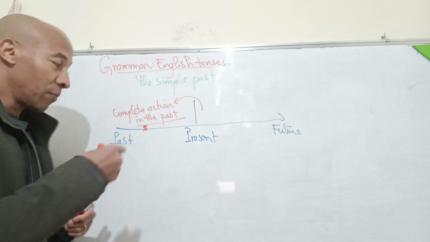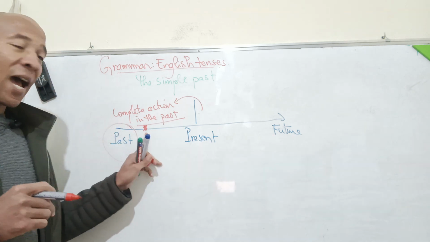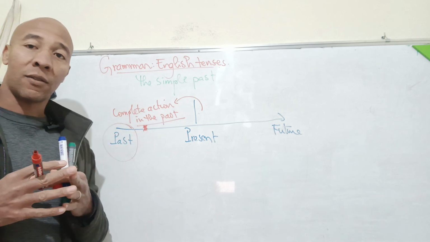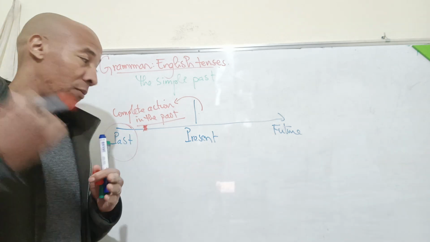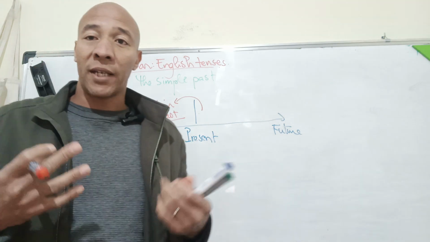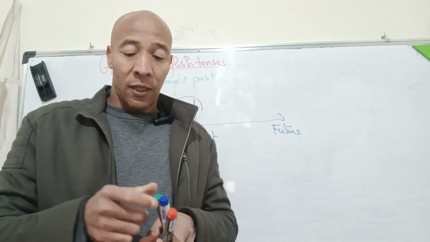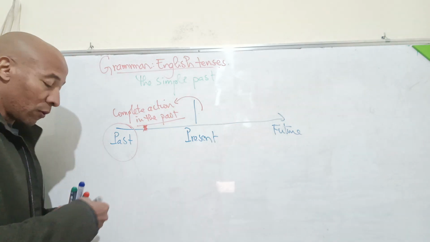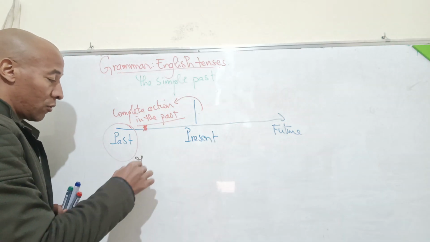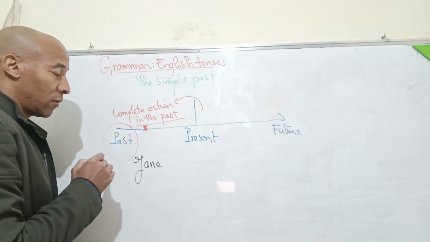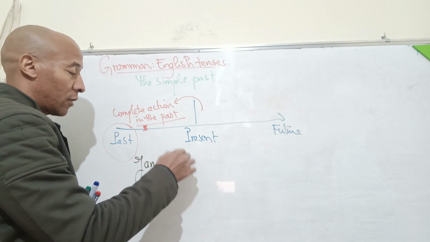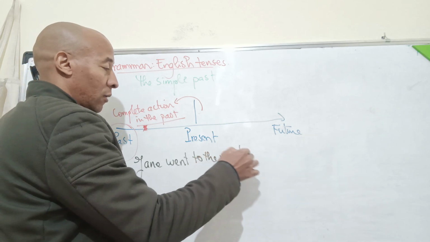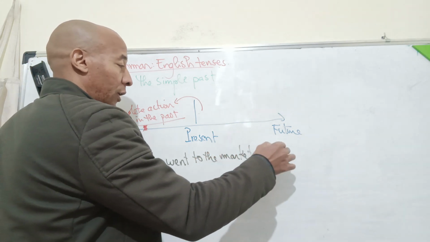So the simple past is about actions that took place in the past. It means we talk about complete actions. For example, look at this example. Jane went to the market yesterday.